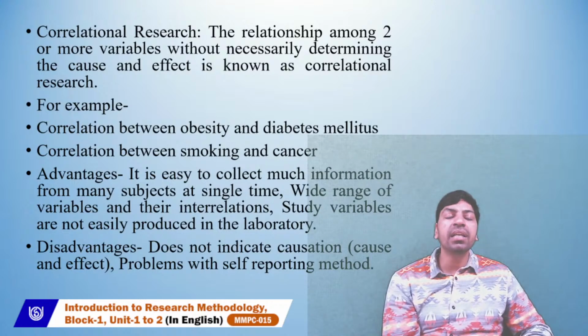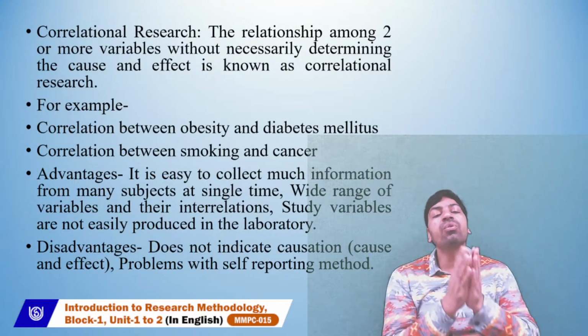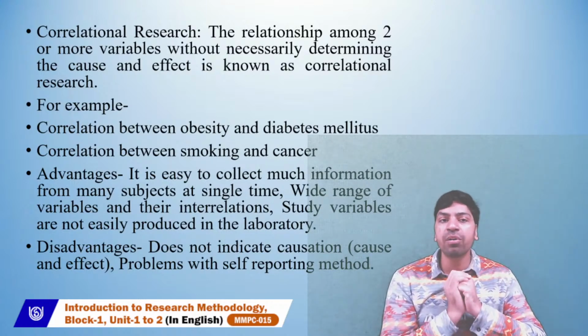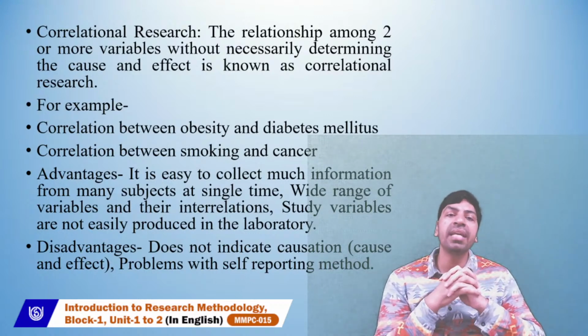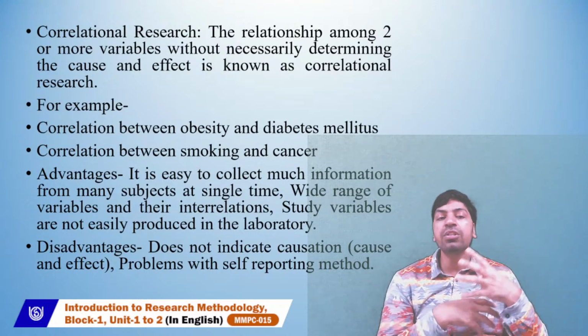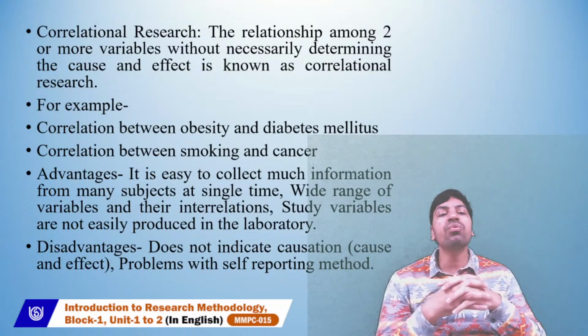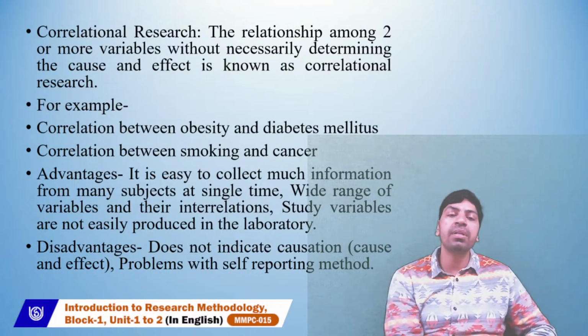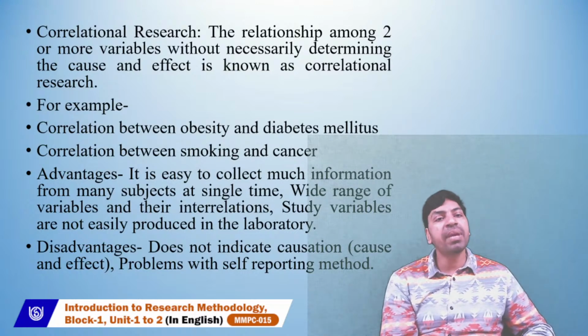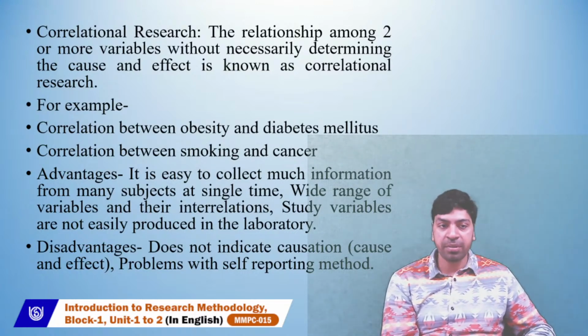We need to find out whether there is a correlation between two variables or not, and that is called correlational research. When a researcher analyzes to correlate two or three variables, it becomes correlational research.